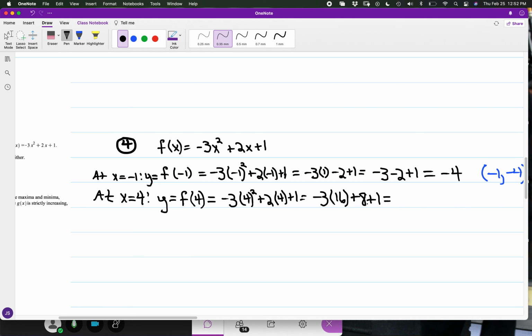Gathering, you have -48 plus 8 plus 1. -48 plus 8 is -40, plus 1. So this will be -39.